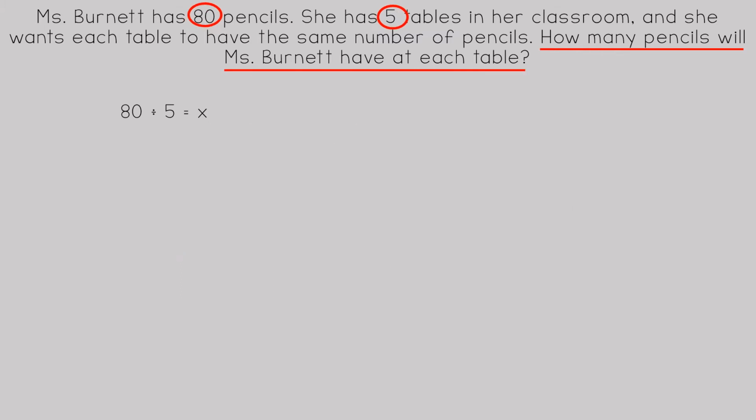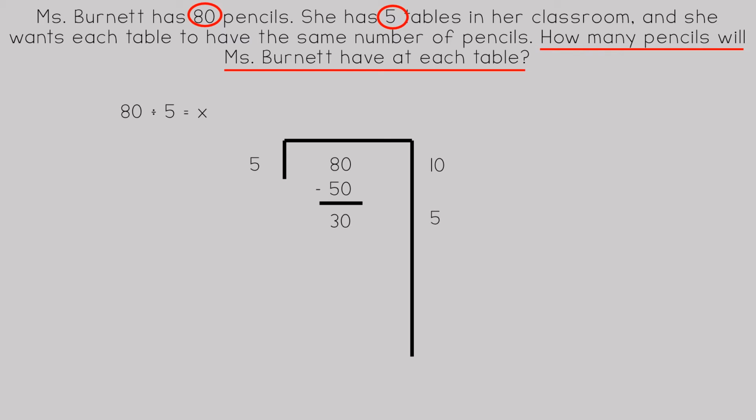The way that this looks when we are solving it using the partial quotient strategy is 80 divided by 5. Again, we could start with 10, putting 10 pencils at each table. 10 times 5 is 50. We're subtracting those 50 pencils from the original 80 pencils to get us 30 pencils. Then we could put 5 pencils at each table. 5 times 5 is 25.